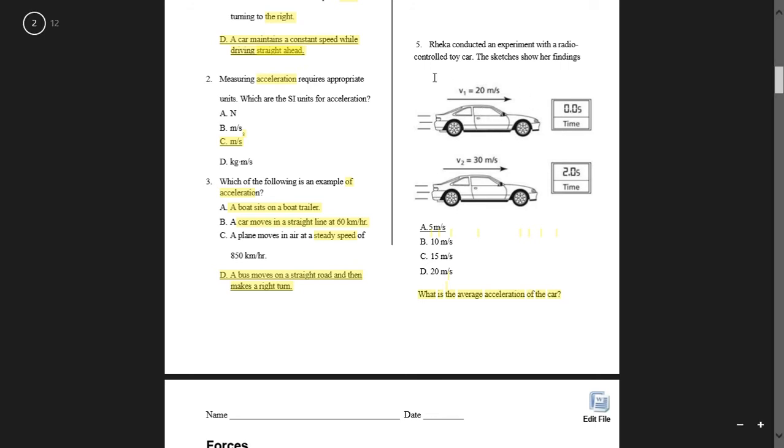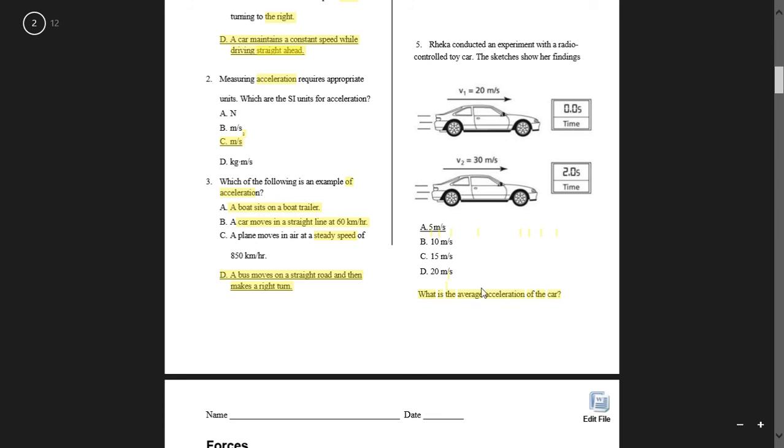The first figure, V1 equals 20 meters per second, at 0 time. The second figure, V2 equals 30 meters per second in 2 seconds.